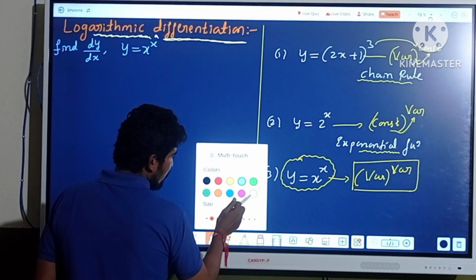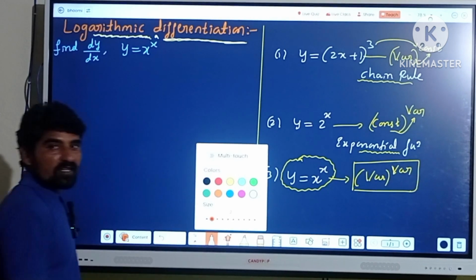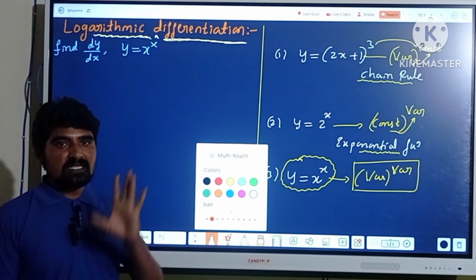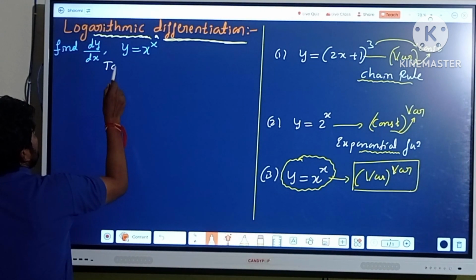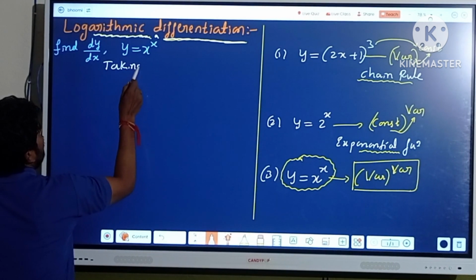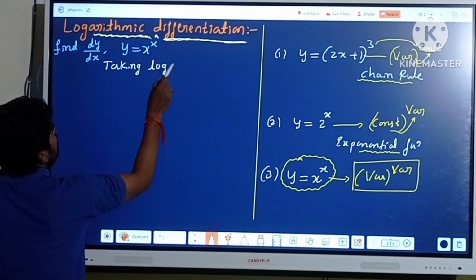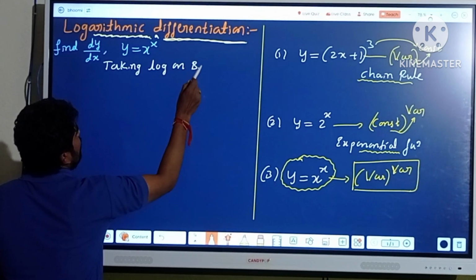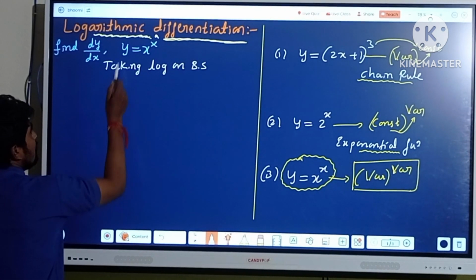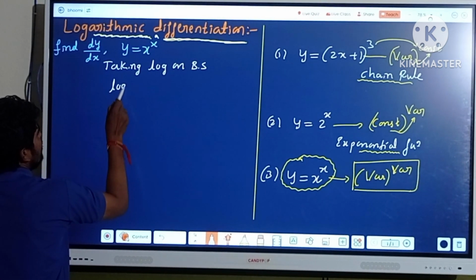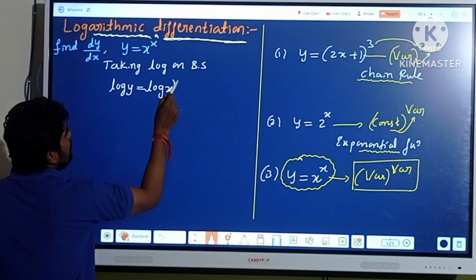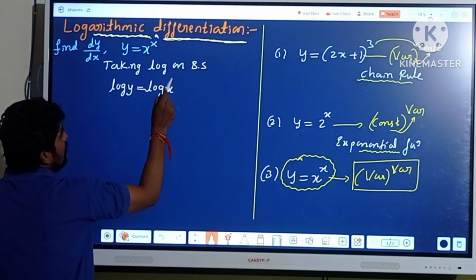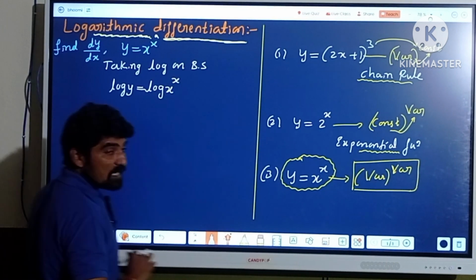When we differentiate using logarithmic differentiation, the first step is taking log on both sides. Then the equation becomes log y equals log of x power x. Now observe the term on the right side.